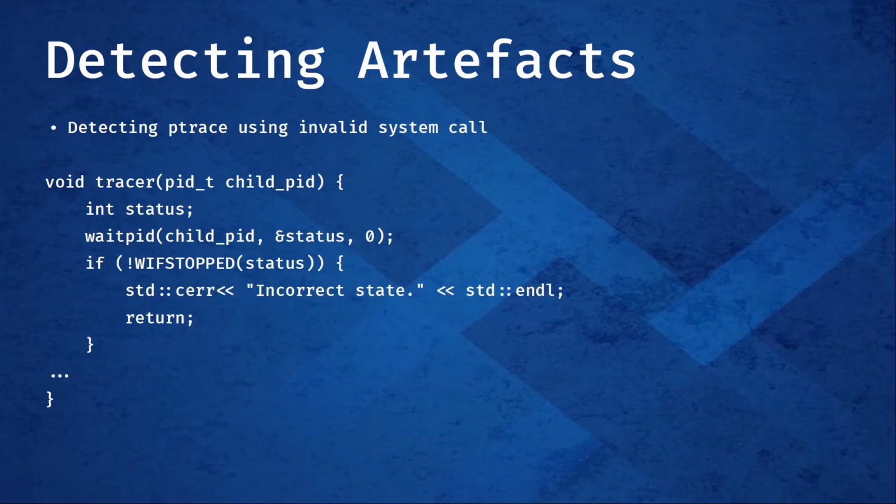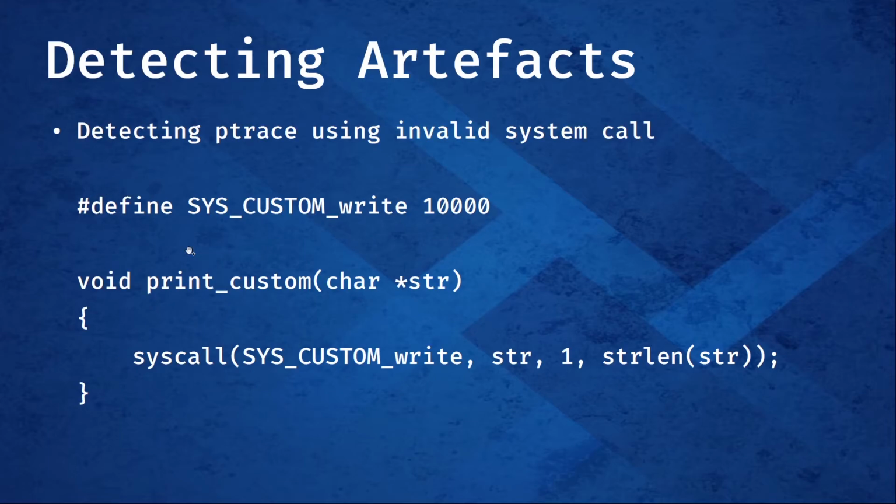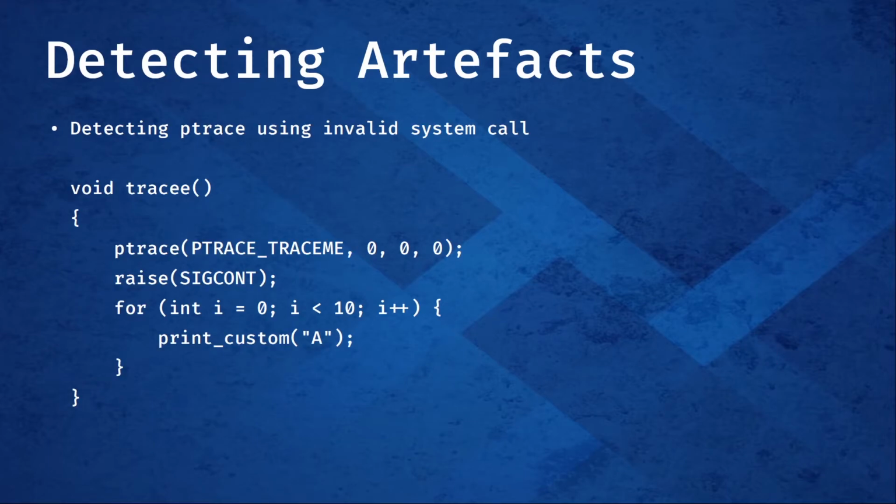And then in the tracer, we are going to monitor this part of code, and we are going to monitor for this particular syscall to trigger, and then we will fix that syscall so it executes correctly.